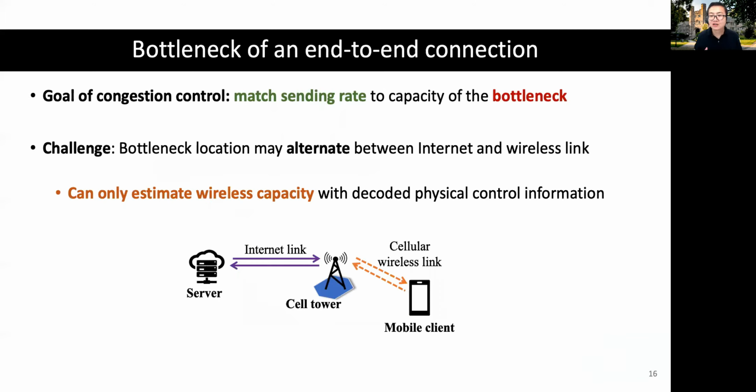After introducing the capacity estimation algorithm, we need to handle another problem. Our estimation algorithm only estimates the capacity of the cellular link. What if the bottleneck switches from the cellular link to the internet link? How shall we handle such a case?